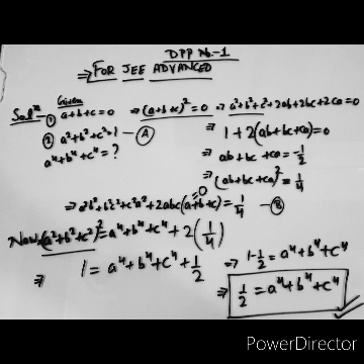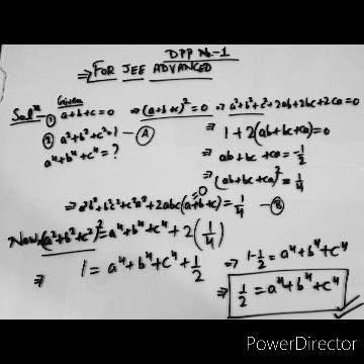Now we have to calculate a raised to the power 4 plus b raised to the power 4 plus c raised to the power 4, which comes in the expansion of (a square plus b square plus c square) whole square. Then on expanding this equation further, we get a raised to the power 4 plus b raised to the power 4 plus c raised to the power 4 plus 2 times the rest which we have left over in equation b, which is again equal to 1 by 4.